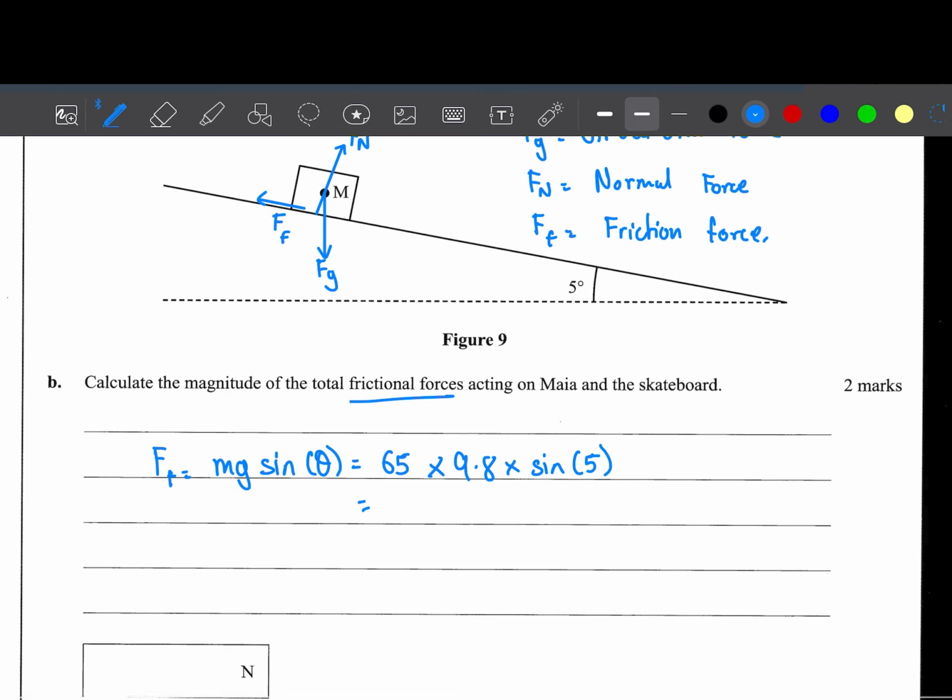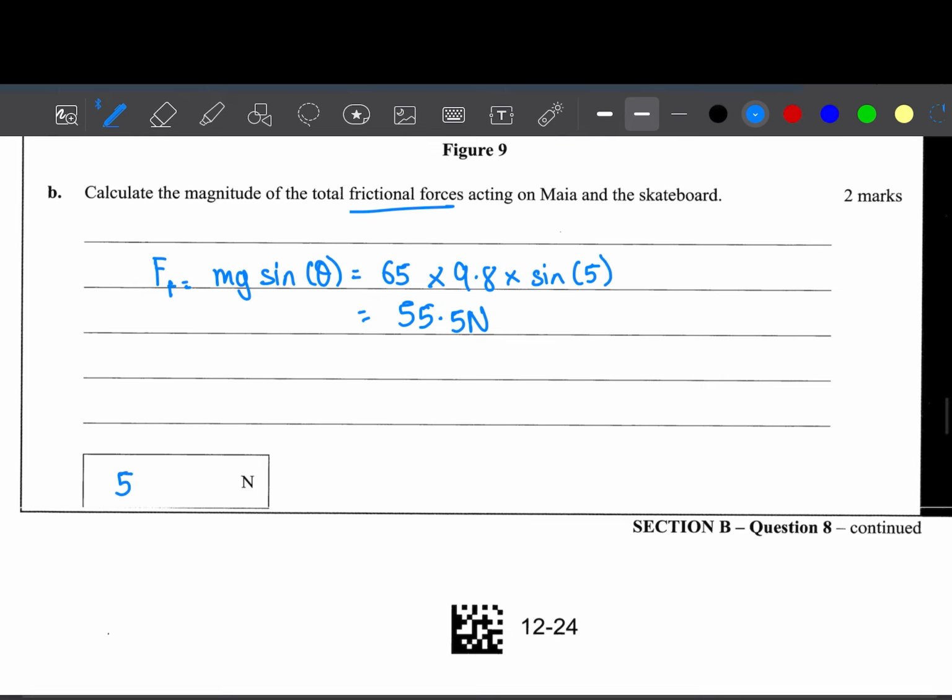And let me see what it gives me. So 65 times 9.8 times sine of 5. So I get 55.5 newtons.